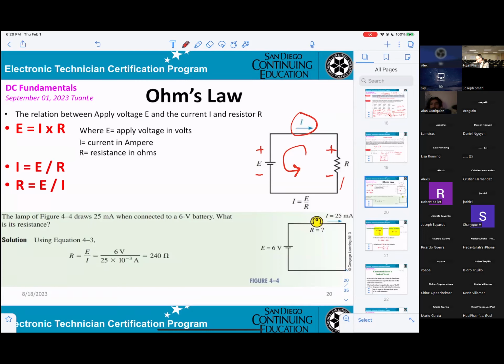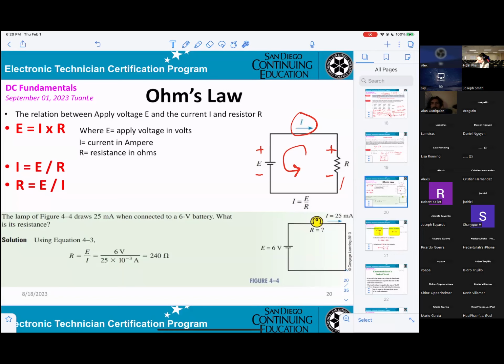The reason we get current flow is that the electrons are moving. Now, in current flowing, they go with Ohm's law.